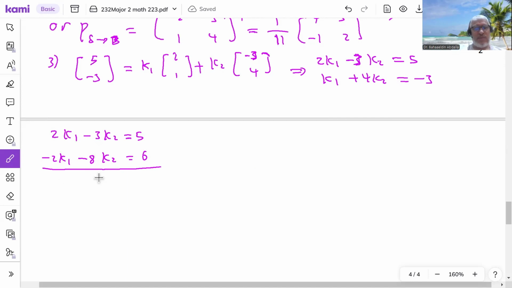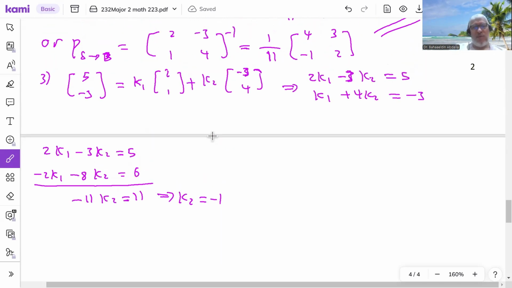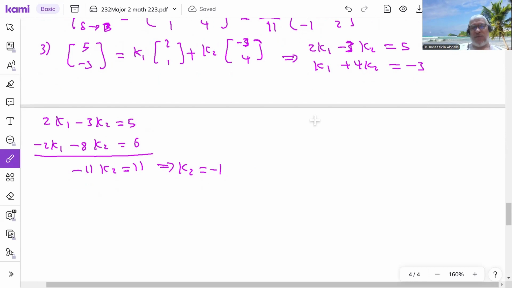Add: negative 11 K2 equals 11. So K2 is negative 1. Put it in the first or the second. I'll put it in the second. K1 plus 4 times K2, so minus 4 equals negative 3.